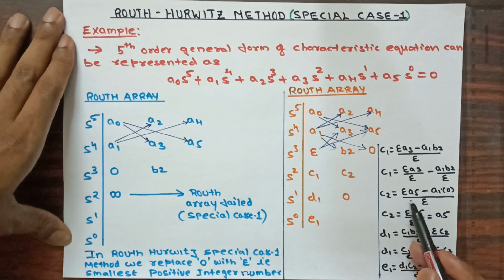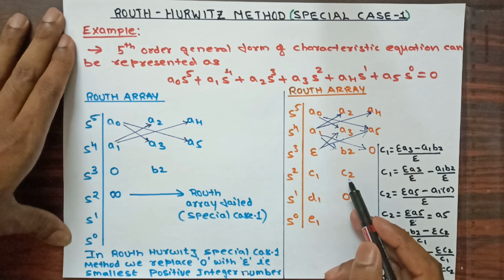You can see in this, epsilon a5 by epsilon minus a1 into 0 is 0. The whole term becomes 0 here. Only epsilon a5 by epsilon gets cancelled. I will be getting here a5. So anyhow, this a5 I have equated to c2. I have written here in this fourth row c2.